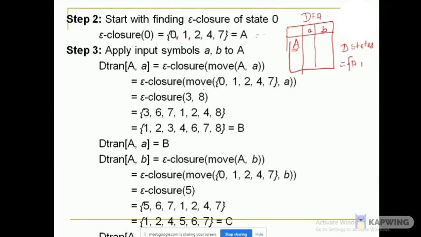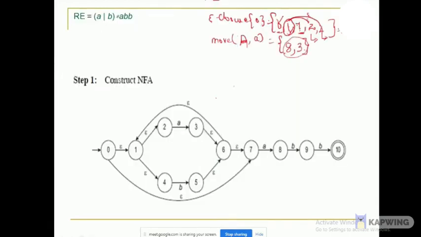Now, we are not going to stop here. After finding the transition from these states on input symbol A, we should not stop. We have to find the epsilon closure for 3, 8.